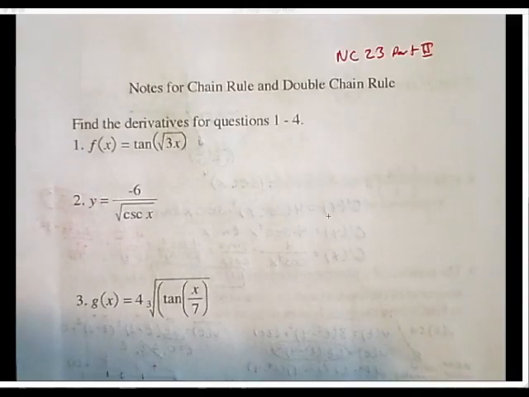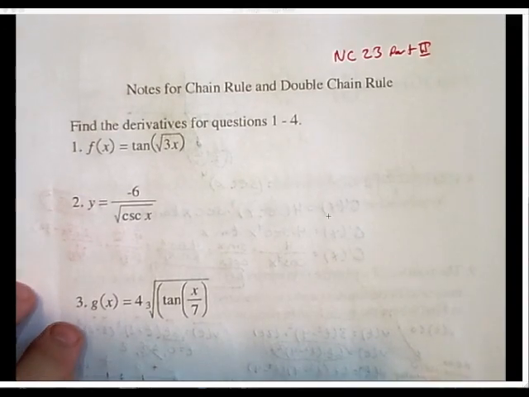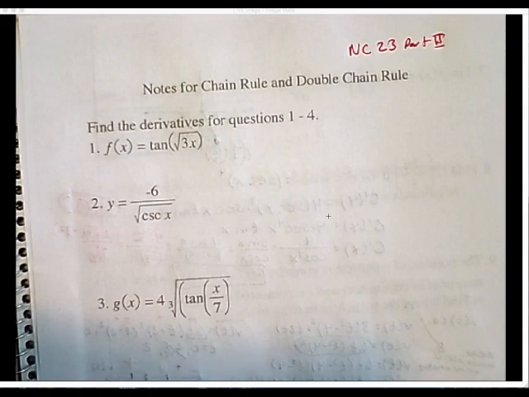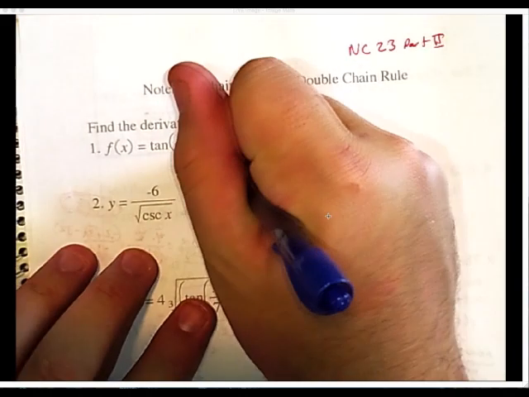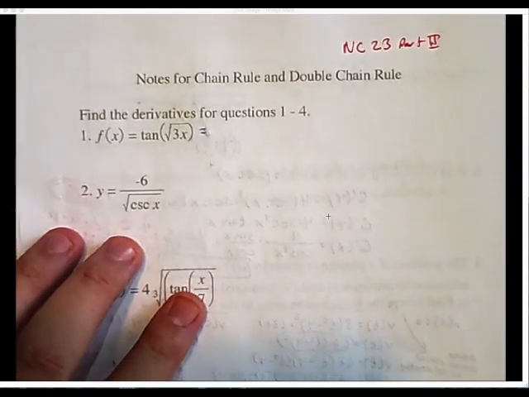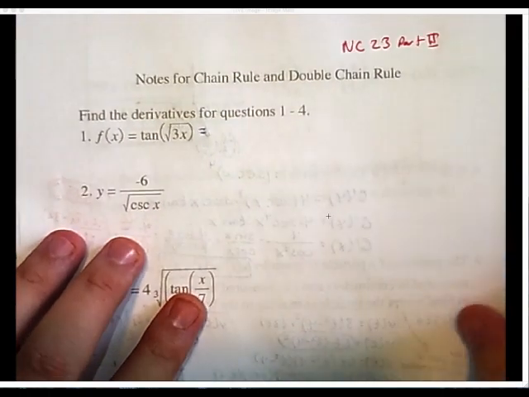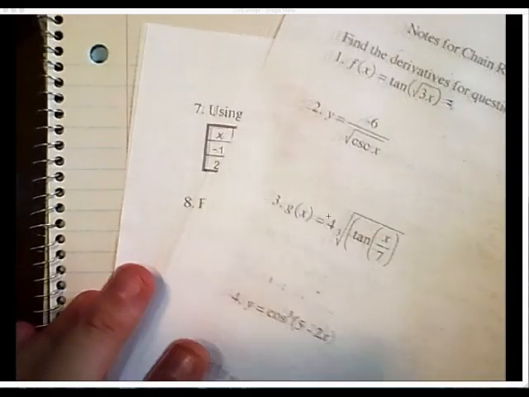Guys, this is going to be the second part of note card 23, and this is notes for chain rule and double chain rule. So let's think about this real quick. Okay, so here I can rewrite f of x. Actually, I'm going to do it on a spare sheet of paper, just in case for room.